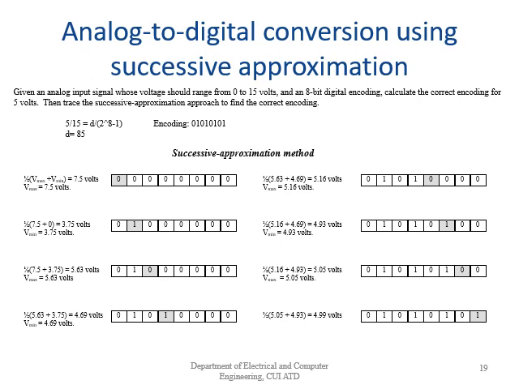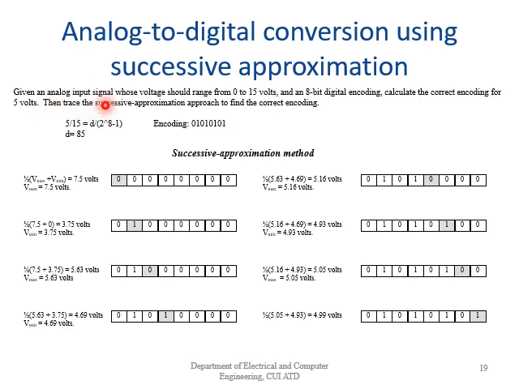So here we want to do analog to digital conversion. We have an example. Given an analog input signal whose voltage should range from 0 to 15 volts, so V min is 0 and V max is 15 volts, and an 8-bit digital encoding. So we have 8 bits. Calculate the correct encoding for 5 volts. So we have analog 5 volts and we need to check what is the digital equivalent.